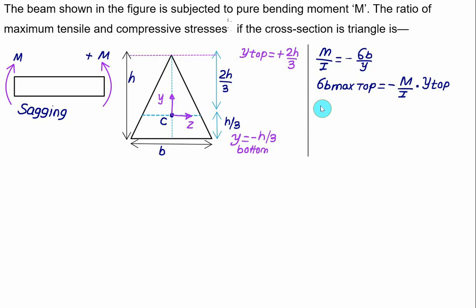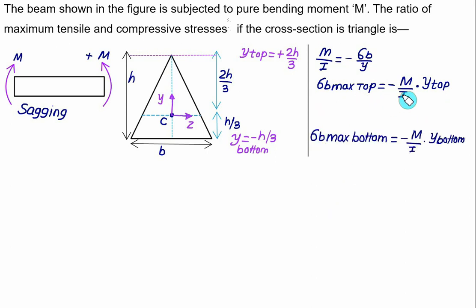Similarly, we have the maximum bending stress at the bottom, also equal to minus M divided by I, and we have y bottom, which is a negative value, h by 3. We are interested here in the maximum tensile, so first of all you have to identify which one is the tensile here.